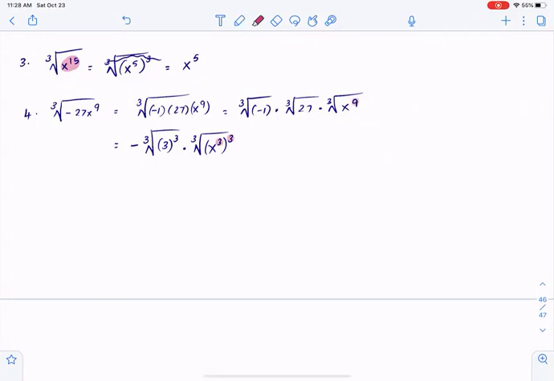It'll correspond to that number there. The root and the power will get cancelled. So we would simply have the negative multiplied by 3, multiplied by the x cubed. So the answer is negative 3x cubed.